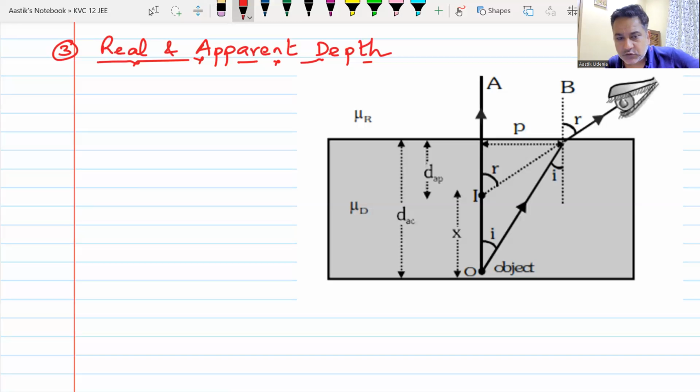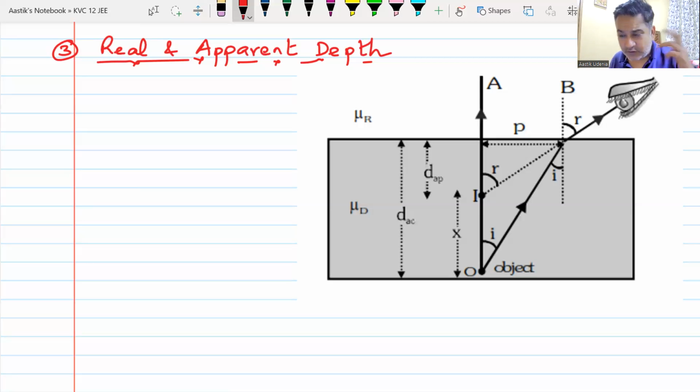Why does it not look at the same depth? The rays bend, and depending on from where you are watching it, it might look raised up or it might look further down.